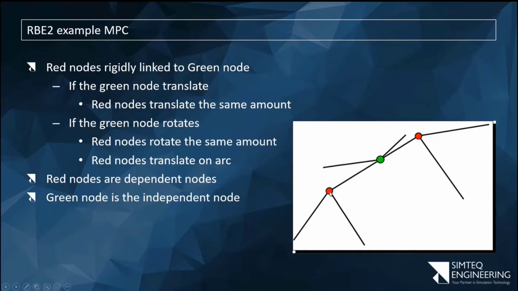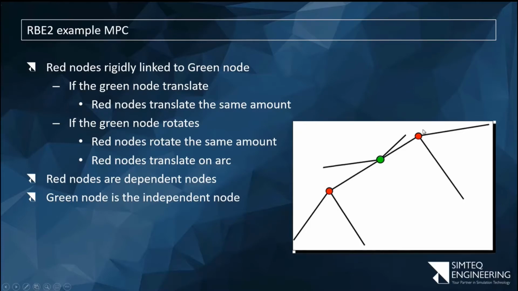And these two nodes are the dependents, meaning their motion and their loads depend on the motion and loads of this one. So if this node moves in that direction, these two will exactly follow by the same amount in that direction. If it wants to move sideways, so let's say towards that one, this one has to move by the same amount, this one also by the same amount.